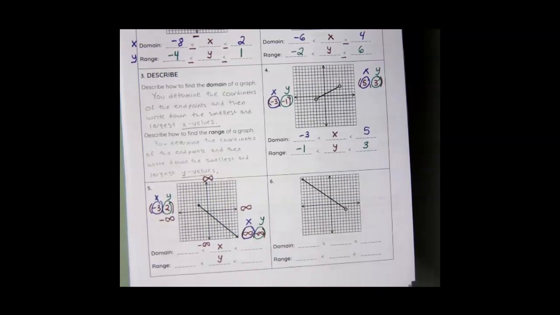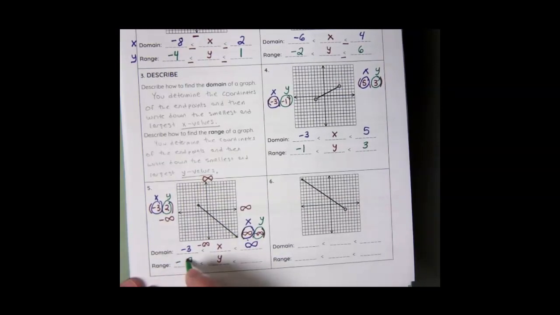Okay? Now, same process as earlier, I determine what is my smaller x value. My smaller x value from negative 3 and infinity would be negative 3. My bigger value would be infinity because it's as big as you can get. For y, my smaller would be negative infinity.